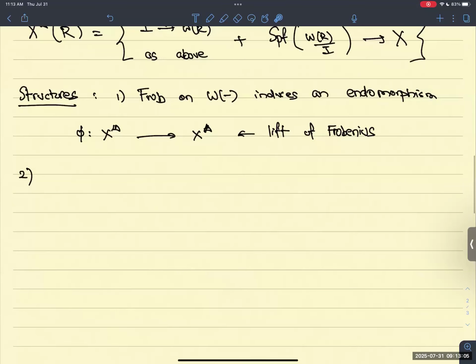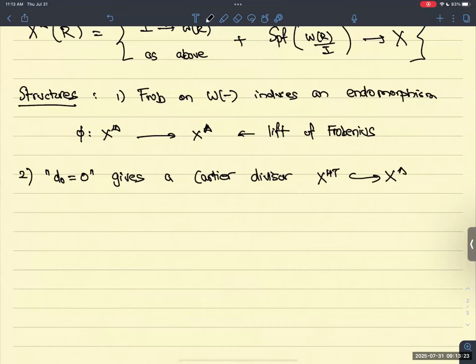And so that's a very interesting substack. So let me give it a name. So setting d_0 equal to 0, it gives a Cartier divisor. And this Cartier divisor is usually called X Hodge-Tate inside X prism. And so these are the two stacks I mentioned at the start of the talk that give everything.